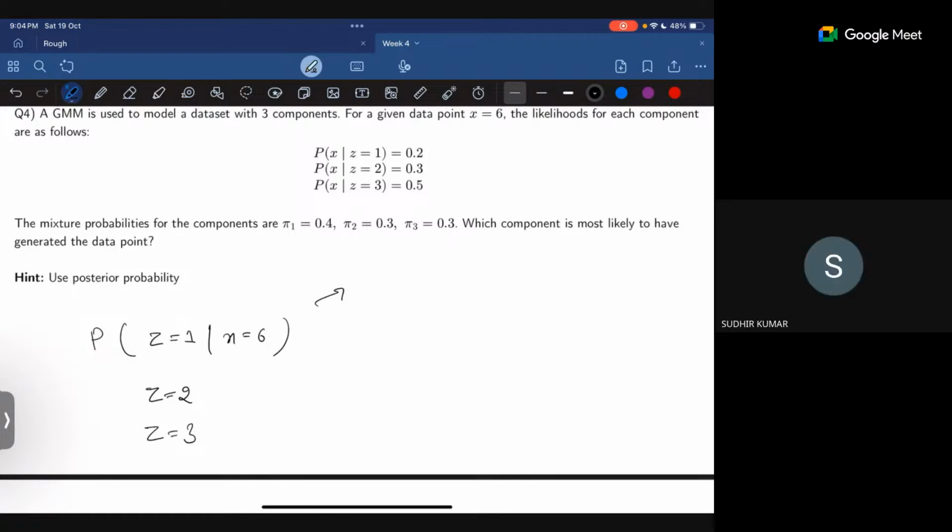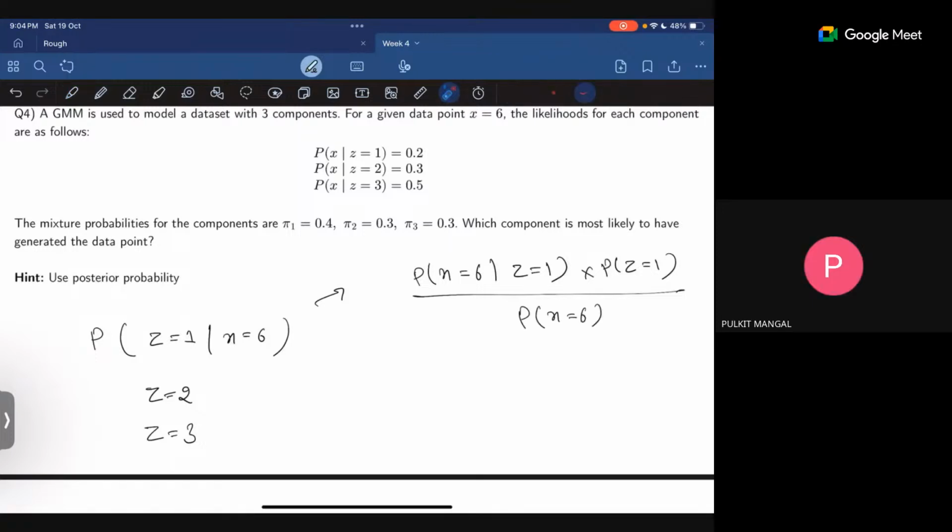Probability of x equal to 6 given z equal to 1, into probability of z equal to 1, divided by probability of x equal to 6.